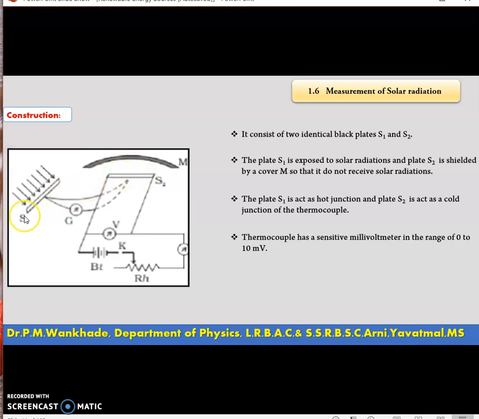Plate S1 acts as a hot junction, and plate S2 is shielded by a cover so that it does not receive solar radiation and acts as a cold junction of the thermocouple. The thermocouple has a sensitive millivolt meter in the range of 0 to 10.